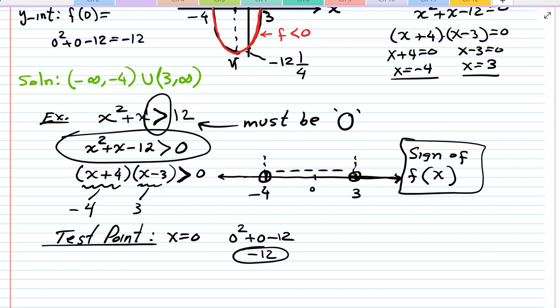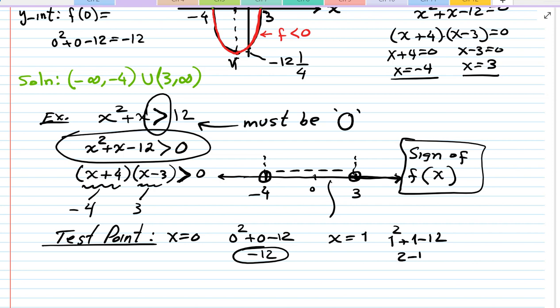What is the significance of all those negatives? What that means is that regardless of what test point we choose, anybody's test point, we're all going to get a negative value of the function. So for instance, let's say somebody else says, I want to choose x to be 1, a number here. Well, they would plug in their number, right? 1 squared plus 1 minus 12.